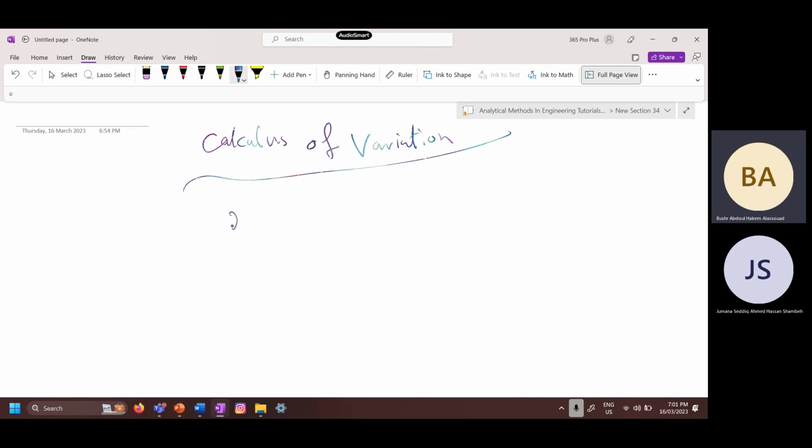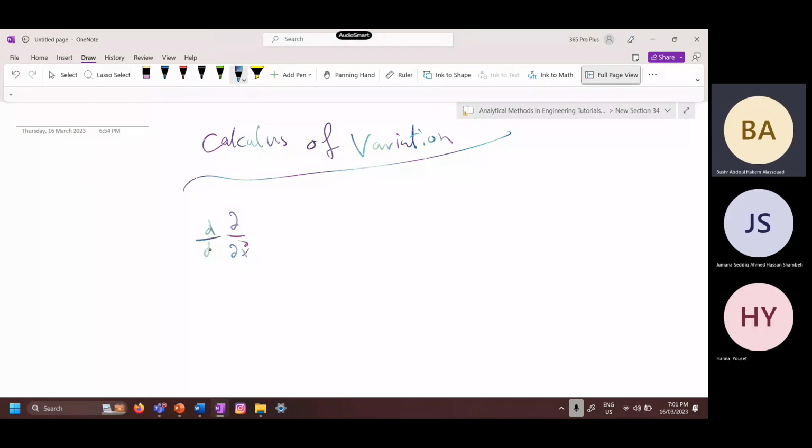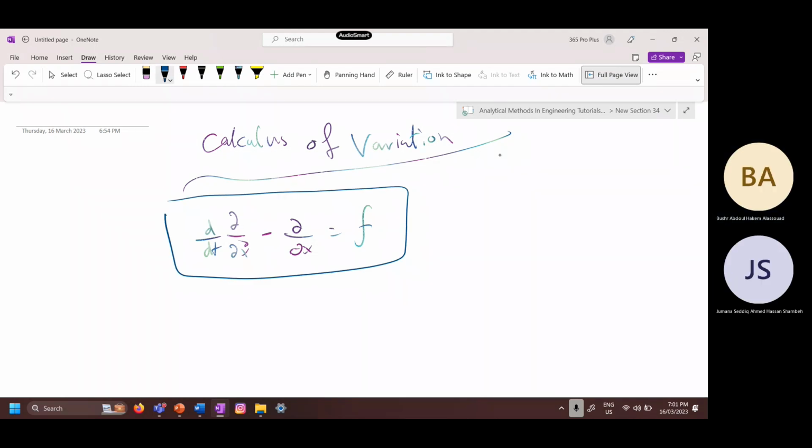This is the function that we're going to use: d/dt of partial L over partial x dot, minus partial L over partial x, equals f. Okay, this is our main function that we're going to use.